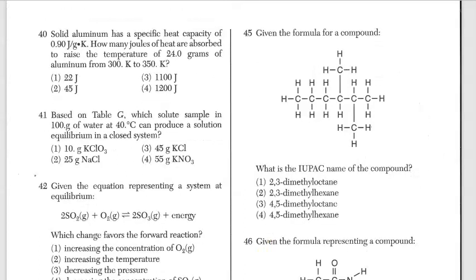Alrighty. For 40 here, we are back to the heat equations. In this case, we're dealing with solid aluminum. We have a specific heat capacity. This is Q is equal to M C delta T. Reference table T lists this one as well. We're given a mass of 24 grams for the aluminum.